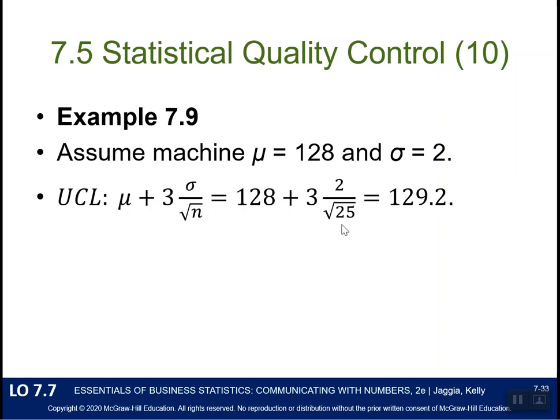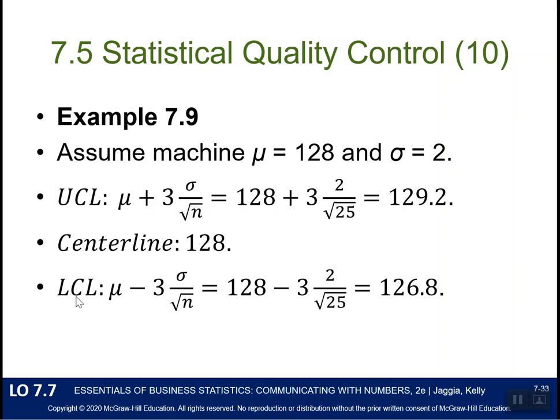That is our upper limit, and anything above that is out of control. Our center line is the mean of 128, and our lower limit is the mean minus 3 times the sample standard deviation, so 2 divided by the square root of n again, which gives us 126.8.